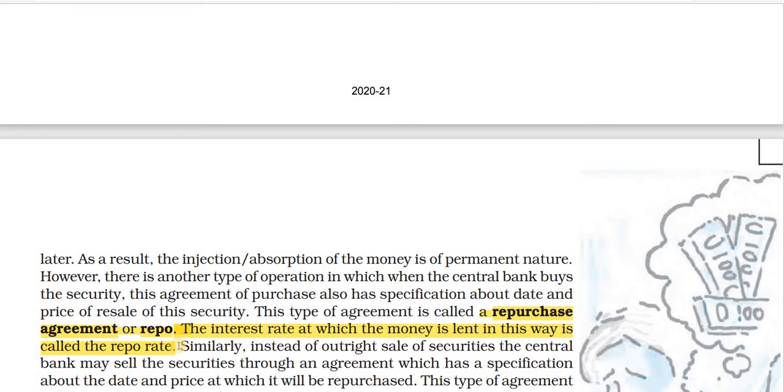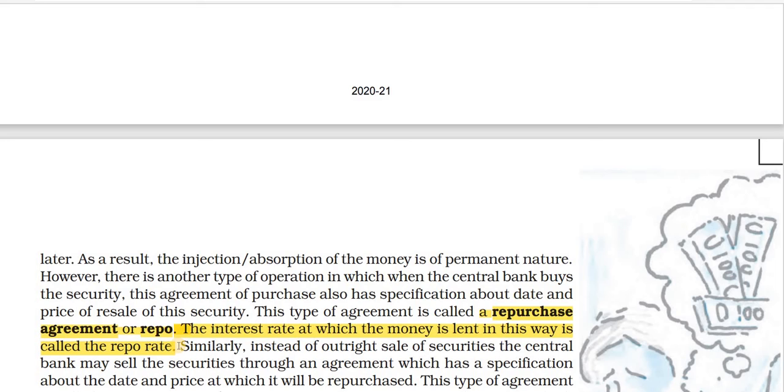Then what is reverse repo rate? Reverse repo rate is the rate of interest provided by the RBI for a short period of time to commercial banks for money kept with the RBI. A reverse repo rate is used by the RBI to absorb the liquidity in the economy.